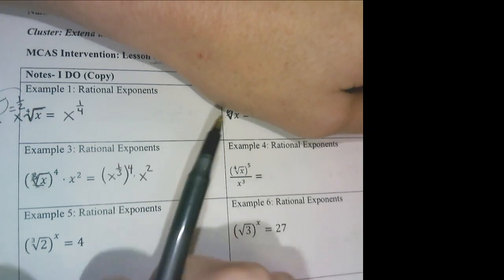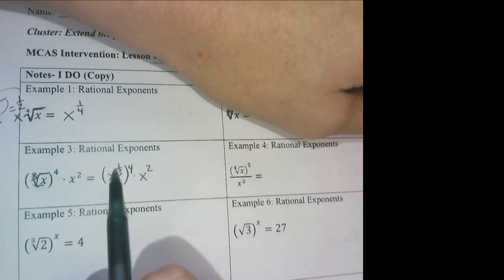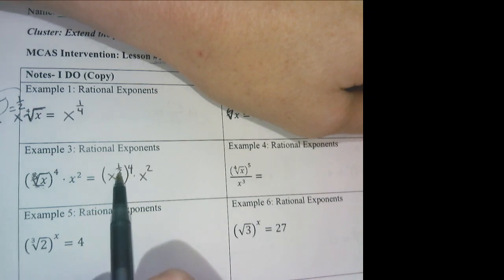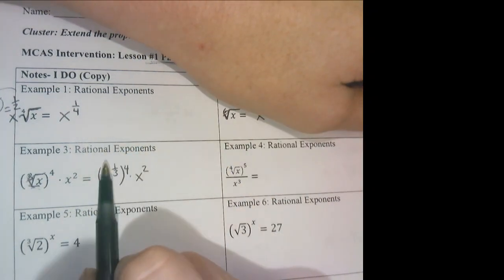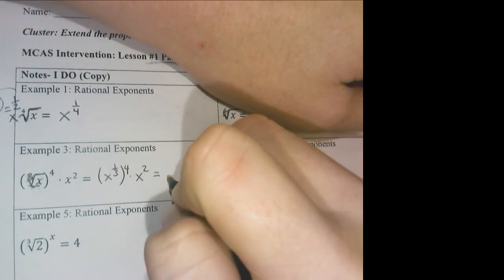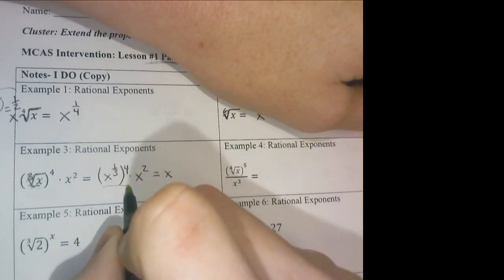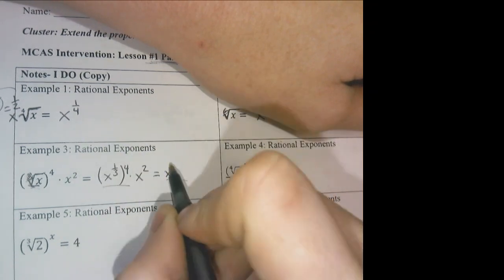Looking at this, I see an exponent raised to another exponent, 1/3 and to the 4th. If I remember my rules, a power raised to a power means we multiply those exponents together. So it's going to be x to the 1/3 times 4.